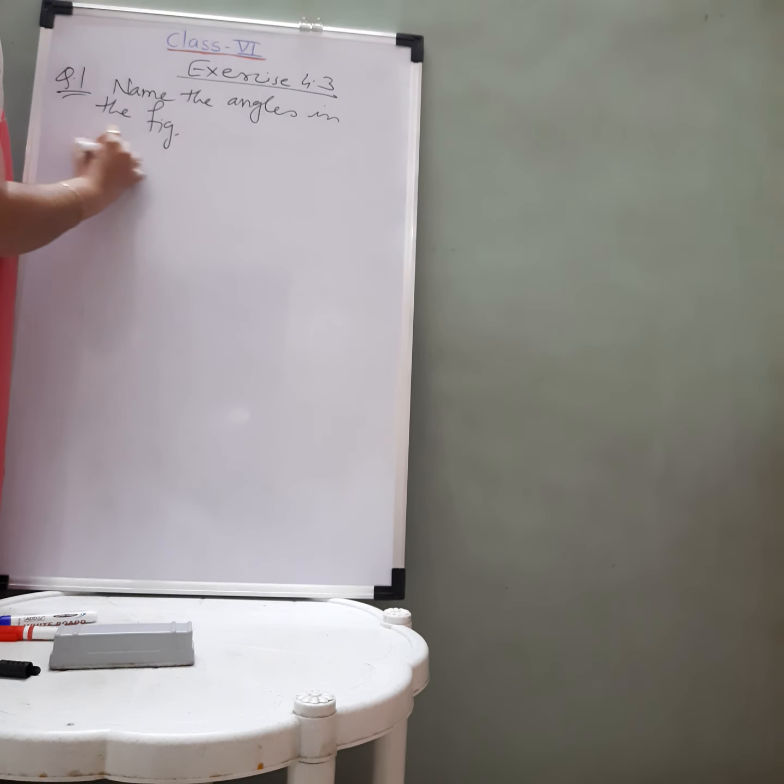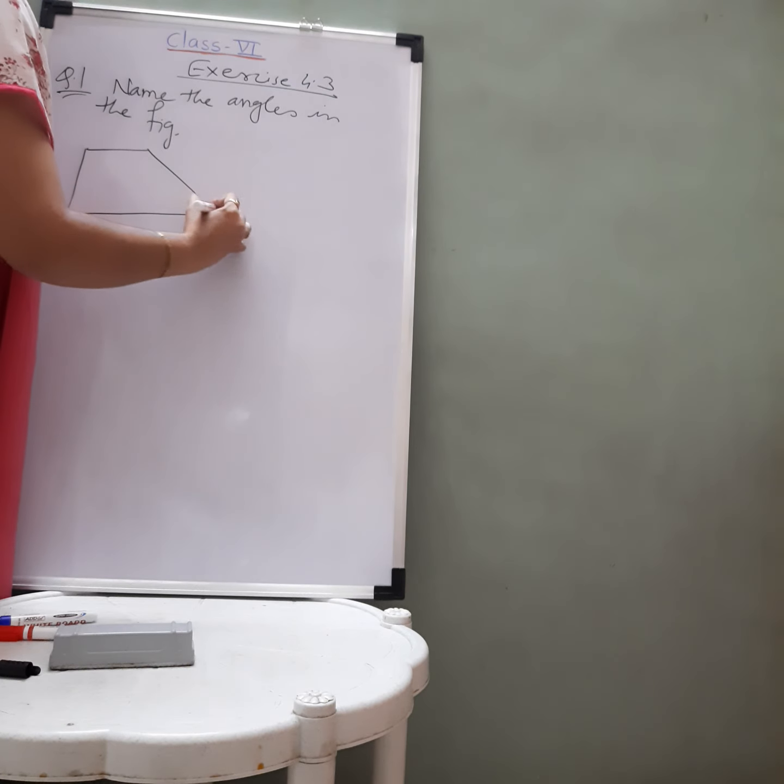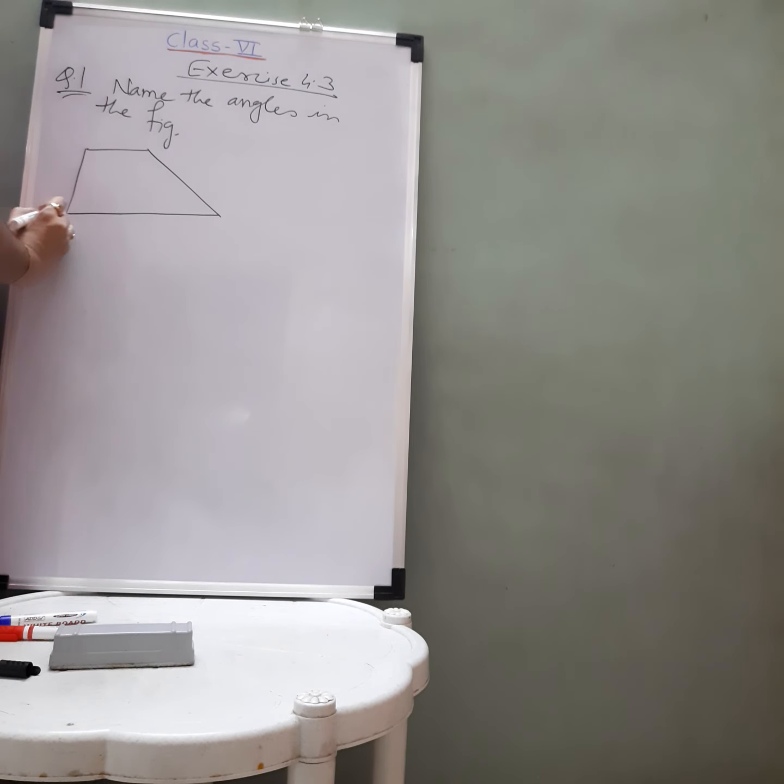I will draw the figure. This is A, B, C, D. Now you have to name the angle. Now see, if I want to locate this angle, then the arms are AD and AB. So we will write down the name as angle DAB. Or you may also write it as angle BAD.